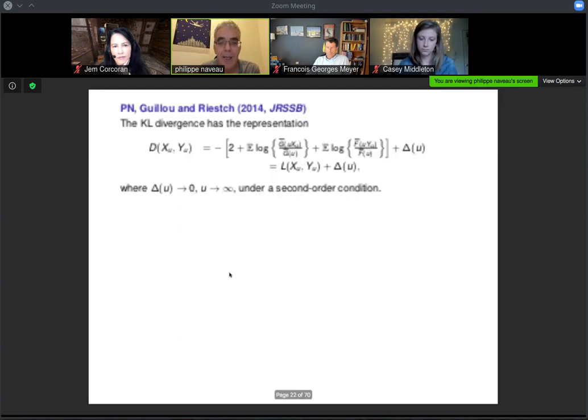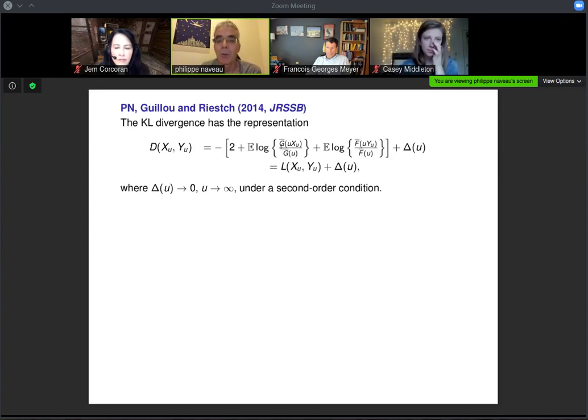With Armel Guillou and Theo Rich in 2014, we gave a new expression of the Kullback-Leibler divergence I just defined, this way. It looks a little bit more complicated, but in fact it's simpler. What you have to keep from this formula is that before we had g of x, but now we have g bar.